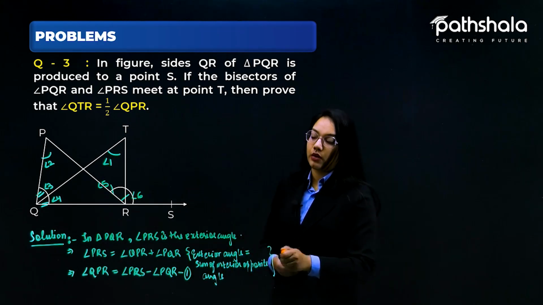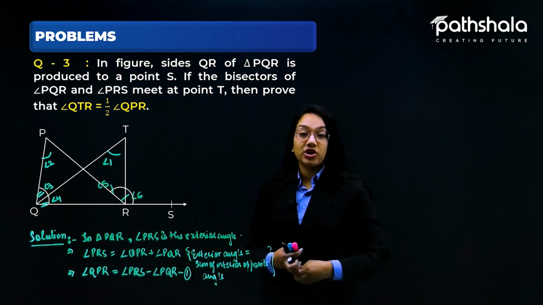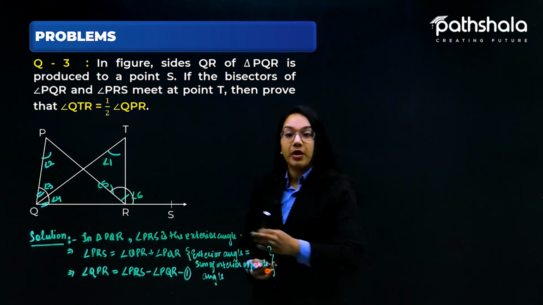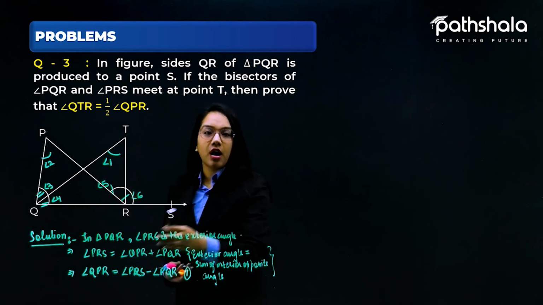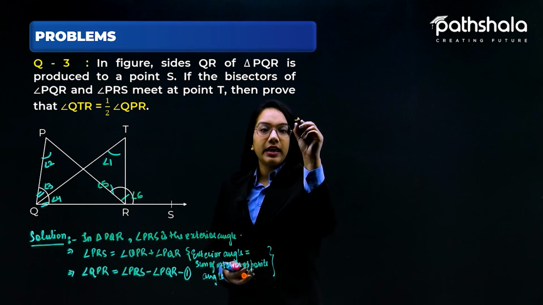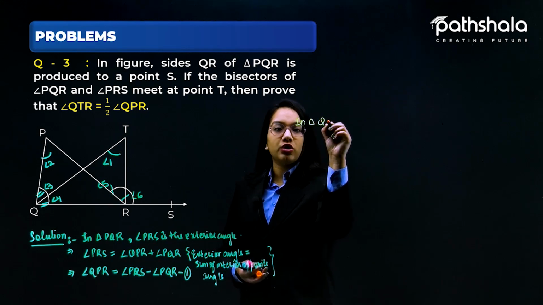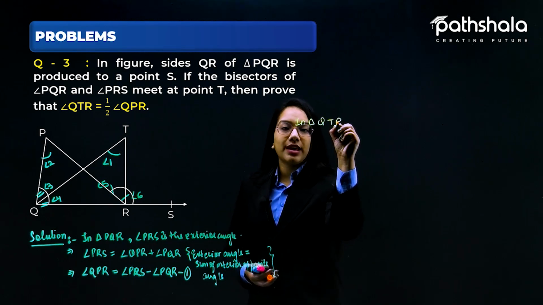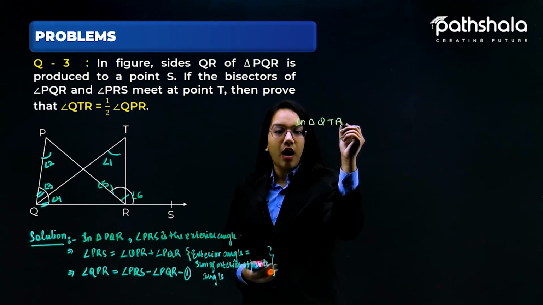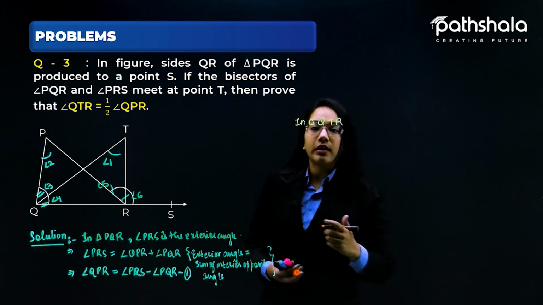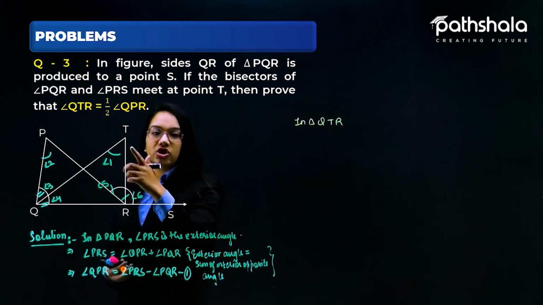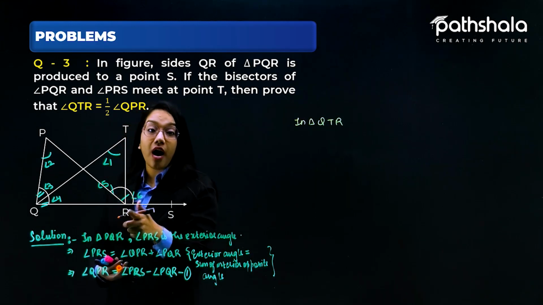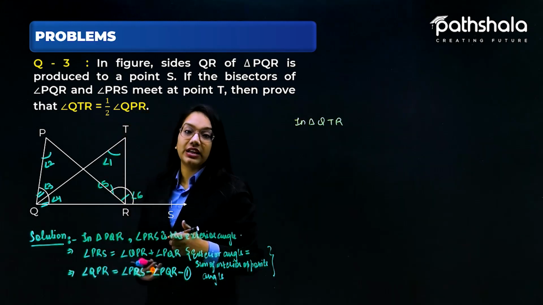In the same manner, I am going to find the exterior angle for the triangle QTR. In triangle QTR, the exterior angle is TRS.